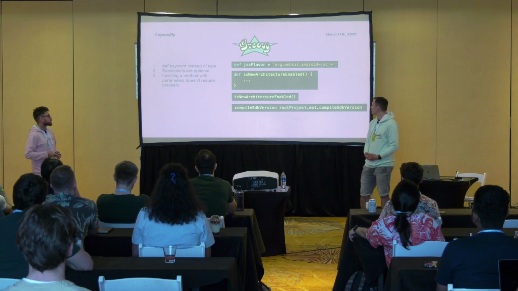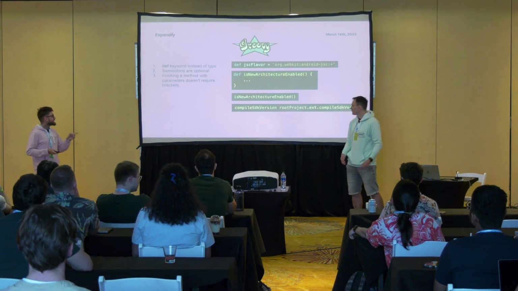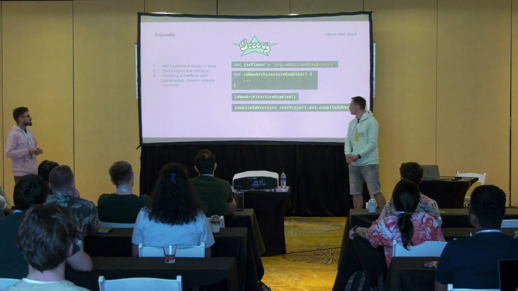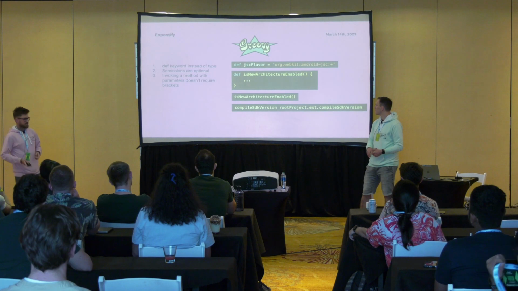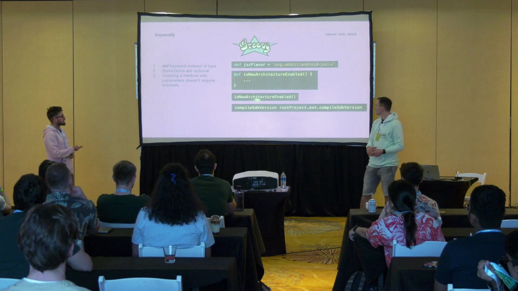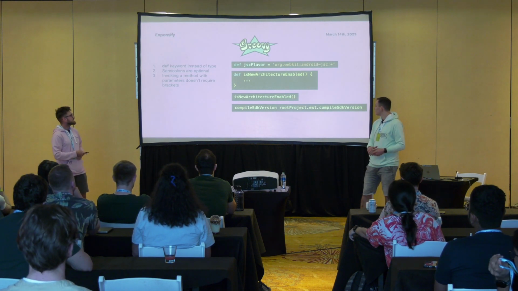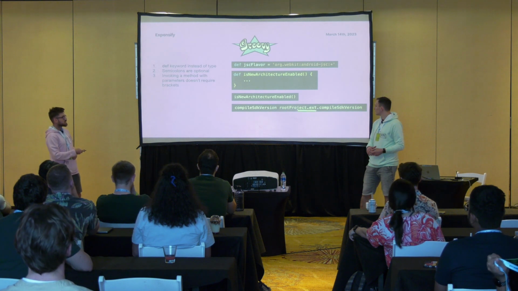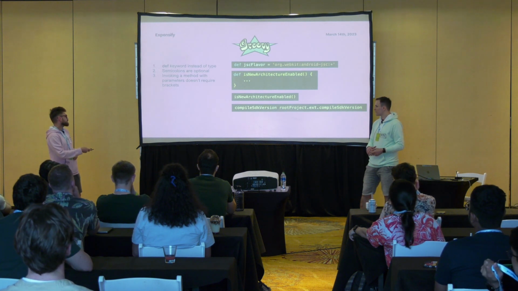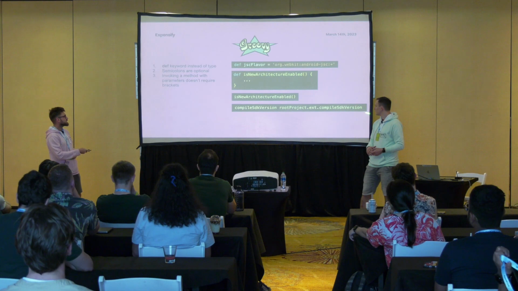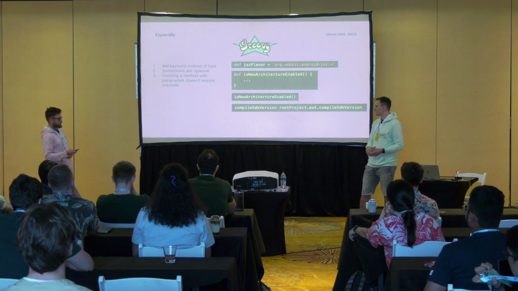Also, semicolons are optional. I know it's not a big problem, but it's worth mentioning. And invoking a method with parameters doesn't require brackets. So here you can see one method. It doesn't have any parameters, so you can see that it has brackets, but this is also a method call, and this is a parameter.